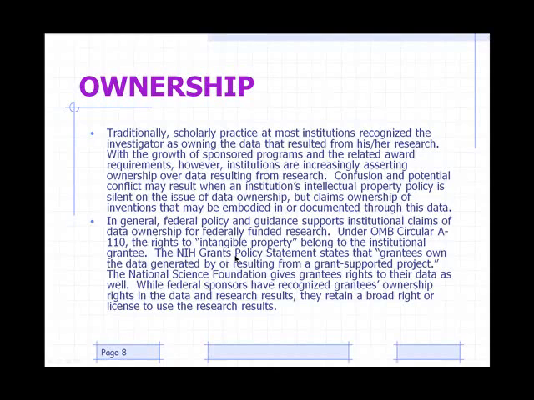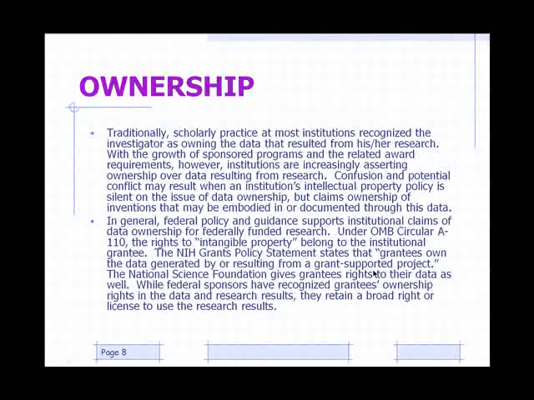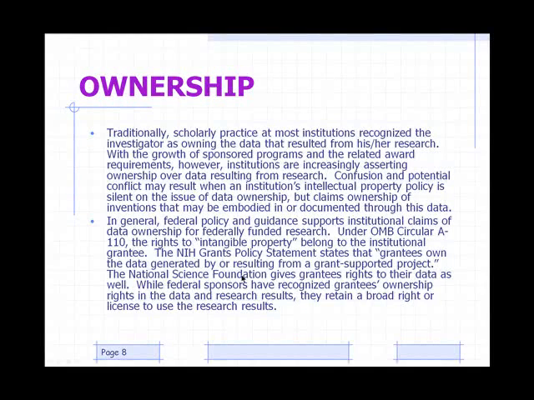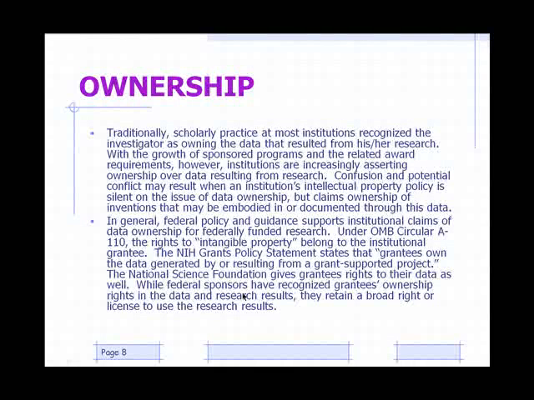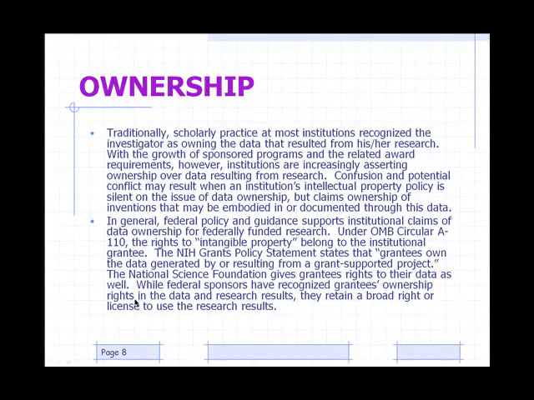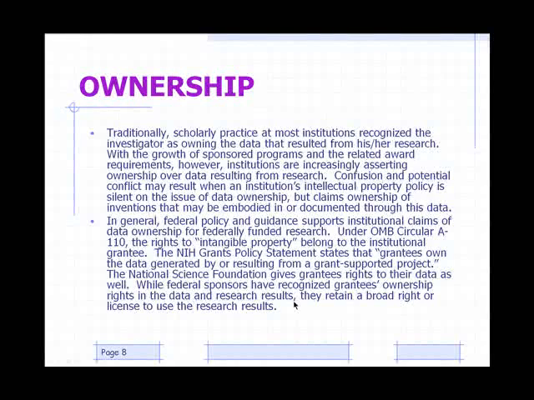The NIH grants policy statements state that grantees own the data generated by or resulting from a grant-supported project. The NSF gives grantees rights to their data as well. While federal sponsors have recognized grantees' ownership rights in the data and research results, they retain a broad right or license to use the research results.